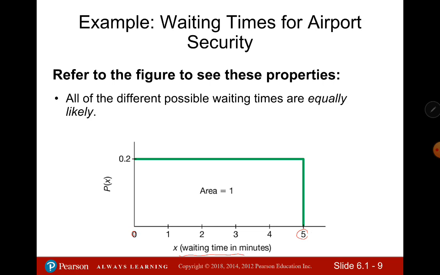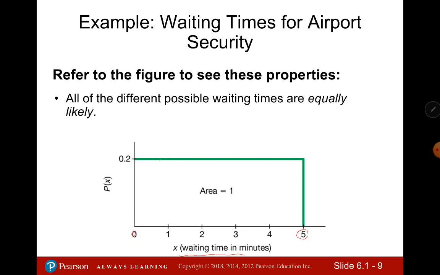And we know it's uniformly distributed, which means by the definition, all the probability should be the same. This vertical line means the probability.